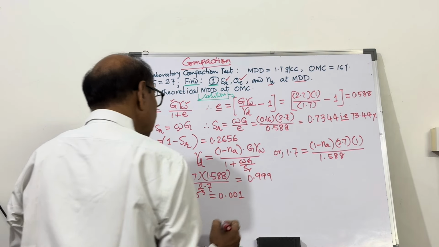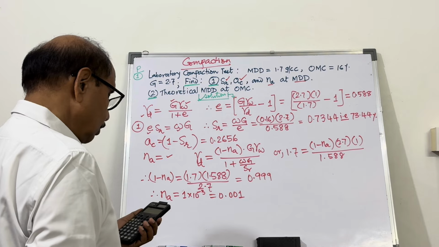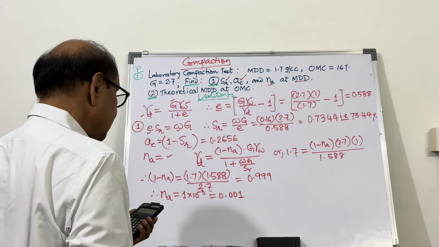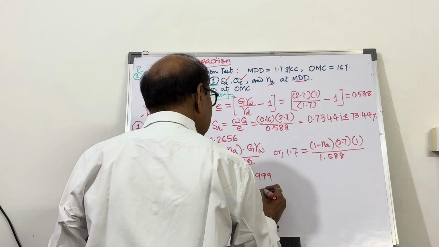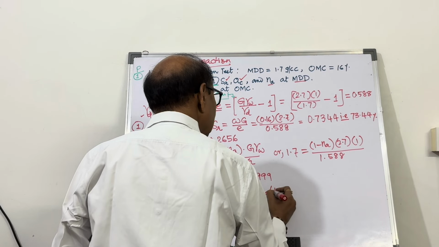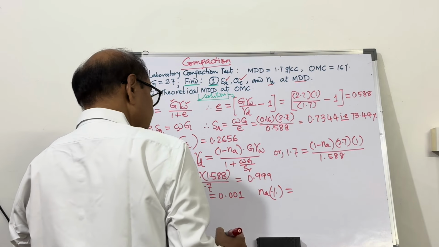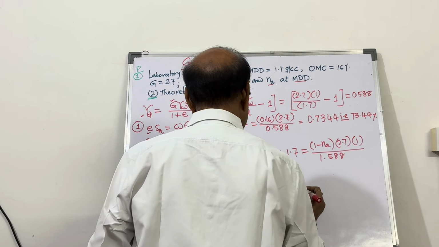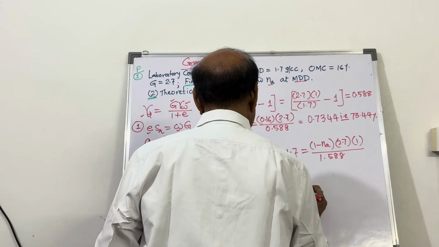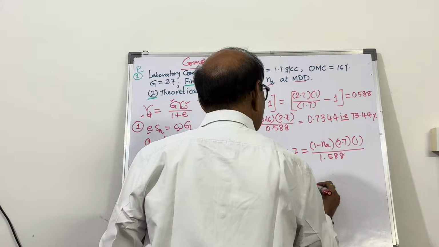So this is the value. So in percent, Na is percent air voids, and if you multiply it by 100, then it becomes 0.1%.